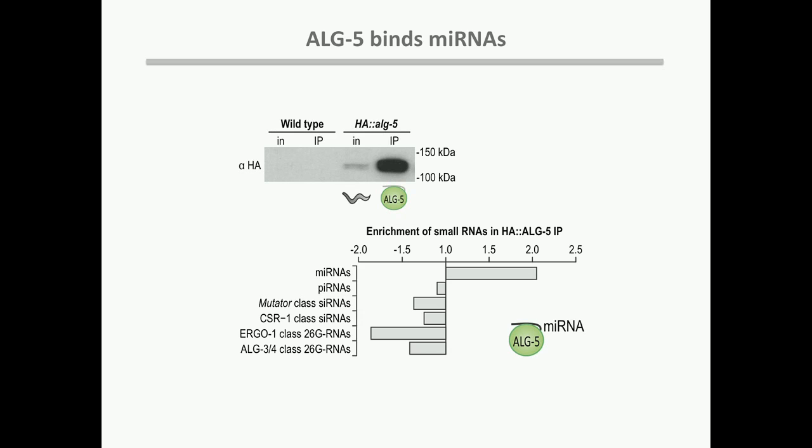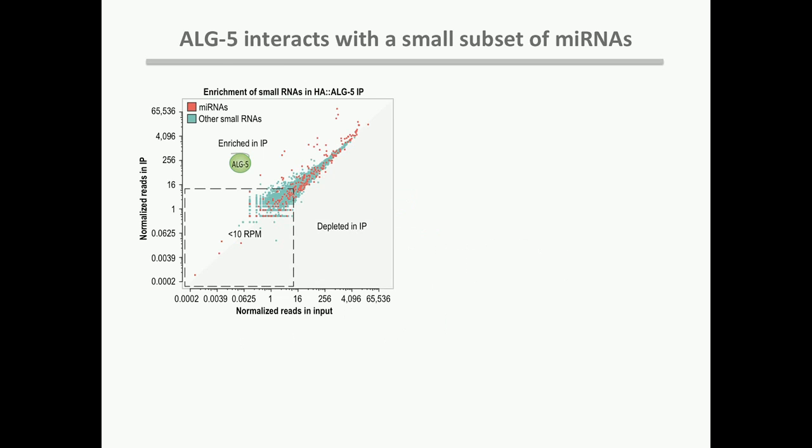So as a class, microRNAs are enriched in ALG-5, but let's look a little more closely. So in the scatter plot, we're plotting small RNAs as a function of the number of sequence reads in the IP relative to the cell lysate.